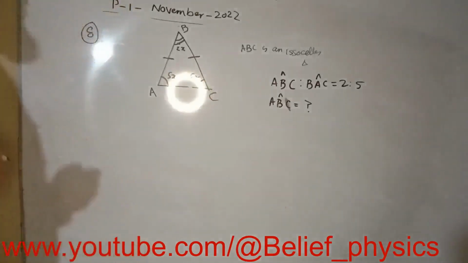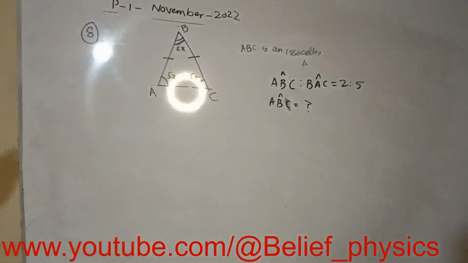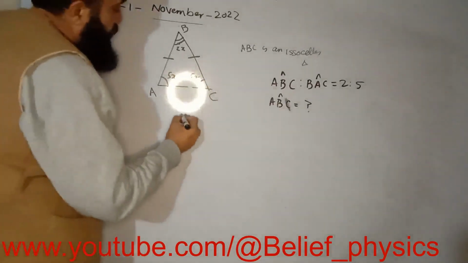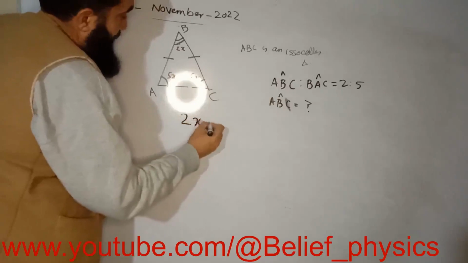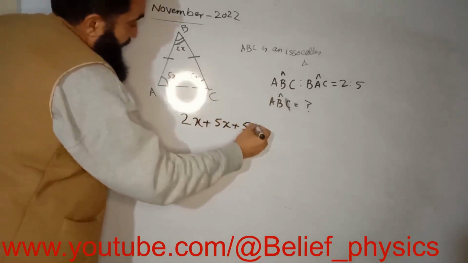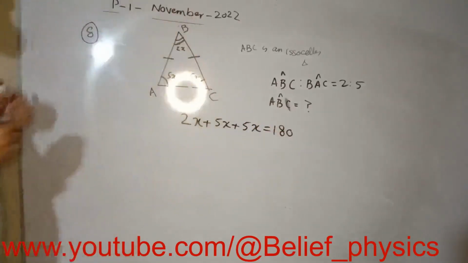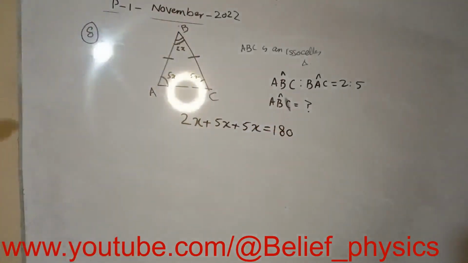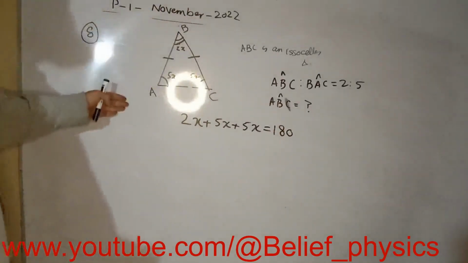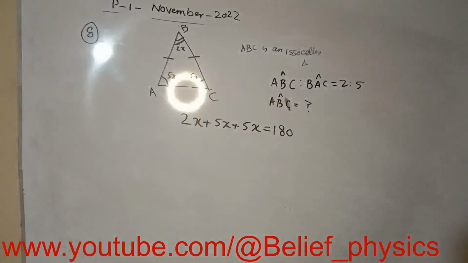So we know that the sum of angles is 180. So we can write 2x plus 5x plus 5x is equal to 180. From here we can calculate x, and if we can calculate x, then ABC is 2x. That will be our answer.